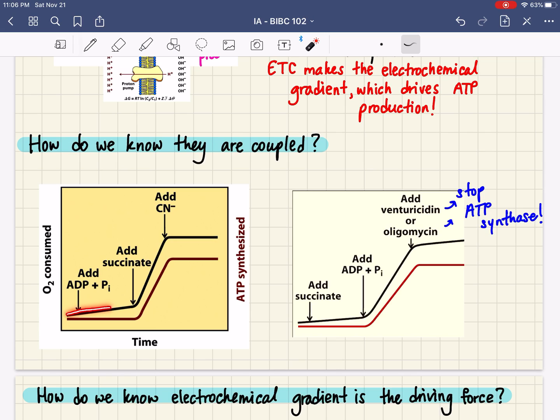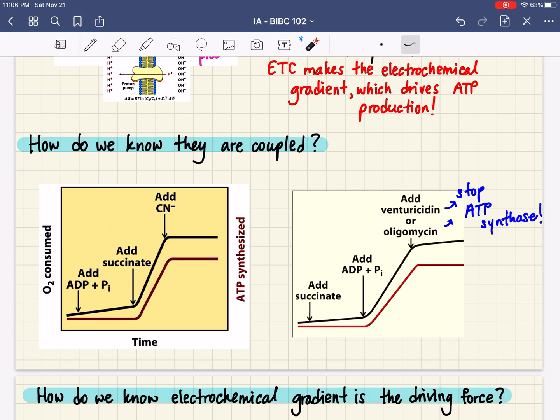It is only when we add succinate, meaning we give something to the ETC to start working, that we start to consume oxygen and produce ATP. When we add cyanide, which is a chemical that messes with the ETC, you see how both oxygen consumption and ATP synthase are stopped.